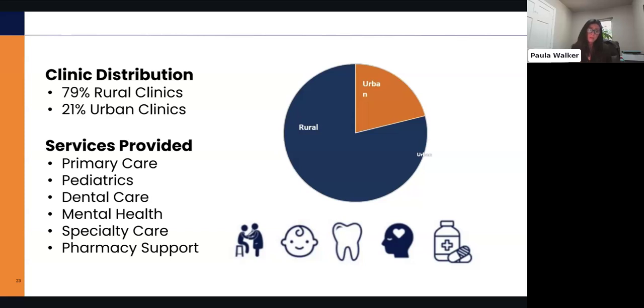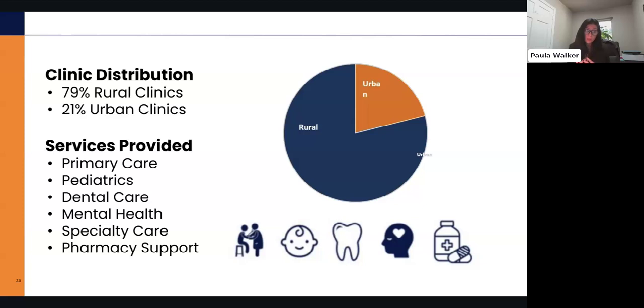And like Preston showed you before, our services are broad, but not every clinic offers every one of these services. So the beauty of being in a network like TXAC is that we are able to make sure every clinic in our network knows what clinics do and what they don't do, so that we can share our services.